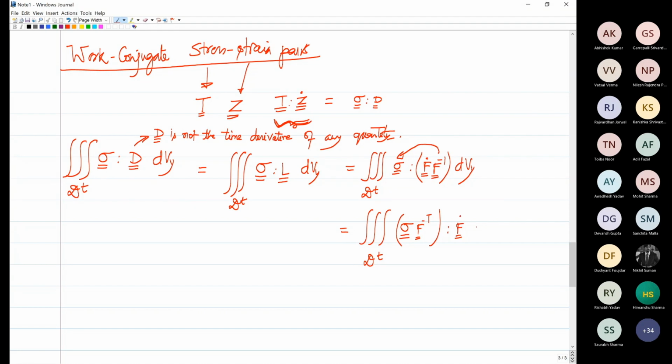Okay, let me write it as dvy only, and this is then integral over reference region dref, and then you have J sigma f inverse transpose double contraction f dot dvx. Okay, and do you know what is this thing inside the bracket? J sigma f inverse transpose.